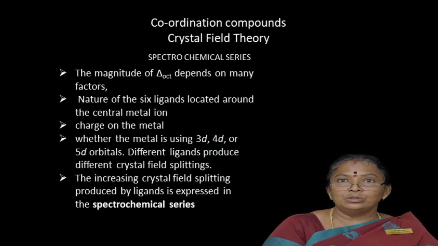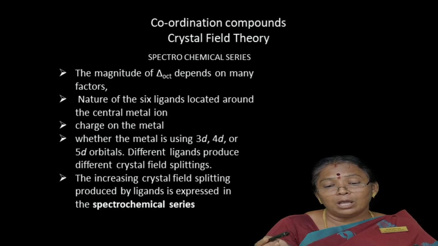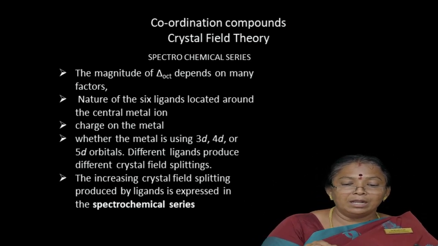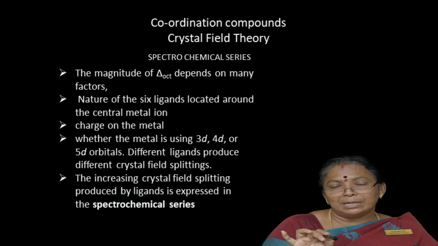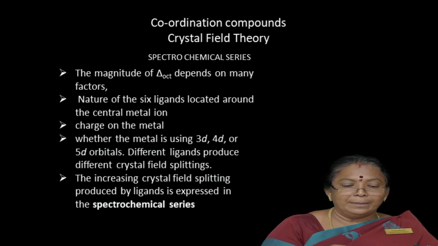Whether the metal is using 3d or 4d, that means inner orbital octahedral complexes, or 5d, that means outer orbital octahedral complexes, the ligands produce different crystal field splitting. At that time, the stabilization energy, that means the stability of the complex, may differ.